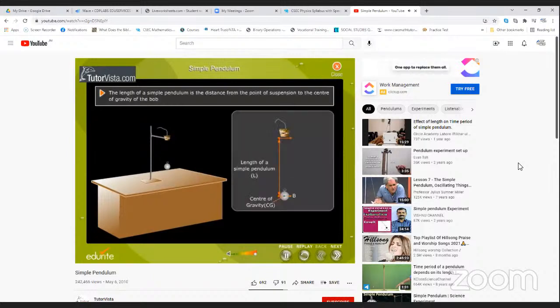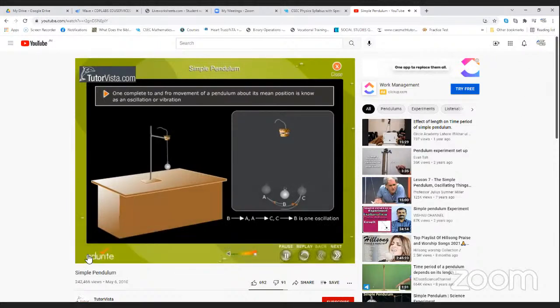The length of a simple pendulum is the distance from the point of suspension to the center of gravity of the bob. The resting position B of the pendulum is known as the mean position. One complete to and fro movement of a pendulum about its mean position is known as an oscillation or vibration.